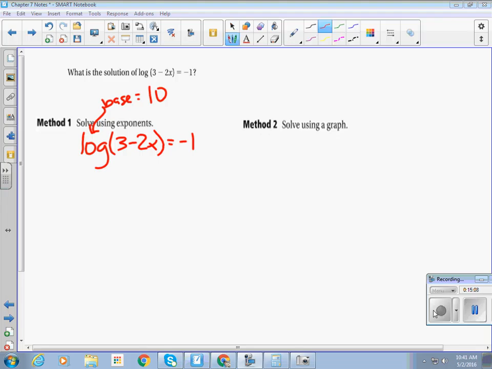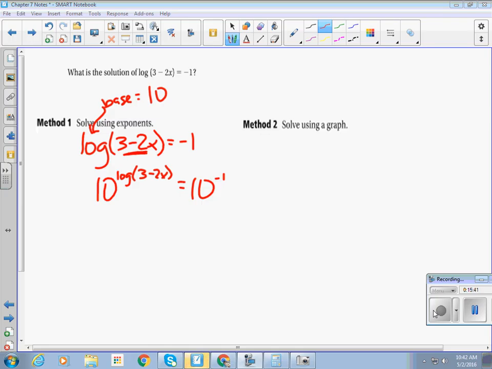The problem we have here is that we don't have multiplying or dividing inside the logarithm, so I can't really separate it out using properties of log. We can raise both sides to the base 10. Because exponents and logarithms are inverse operations, they cancel each other out.